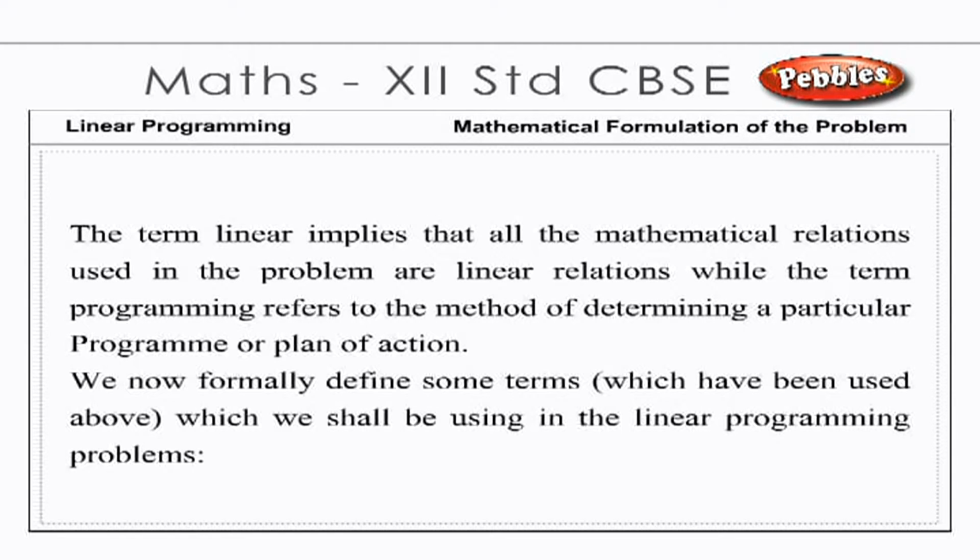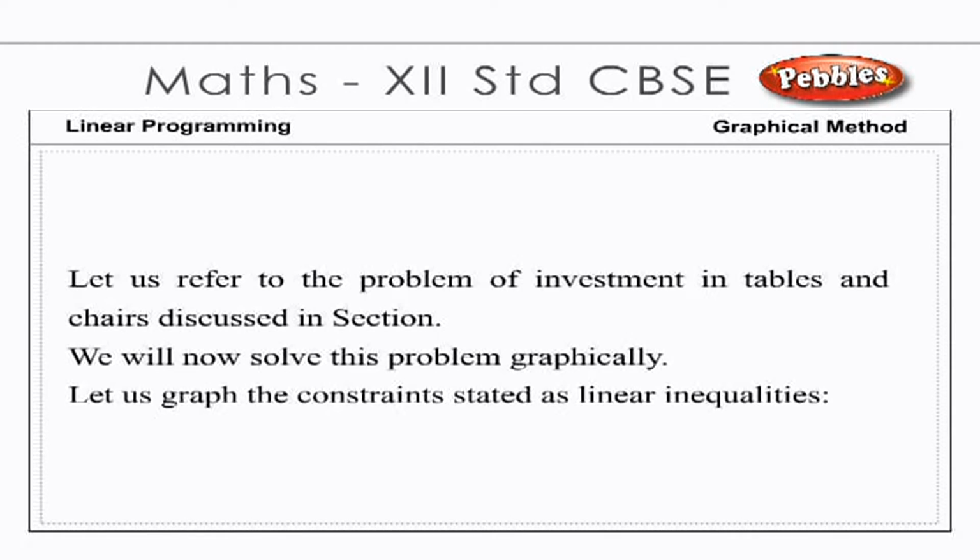We now formally define some terms which have been used above, which we shall be using in linear programming problems. Graphical method. Let us refer to the problem of investment in tables and chairs discussed in the section. We will now solve this problem graphically.